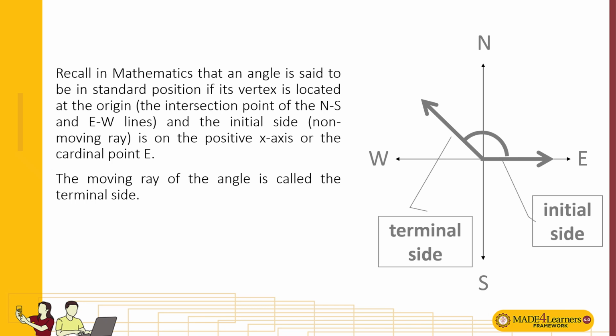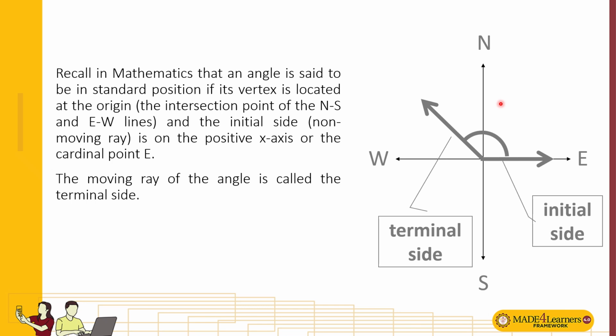And the other convention that we'll commonly use in our discussions uses what we know from our mathematics class. We transform this set of cardinal points, the compass bearing, into a Cartesian plane.